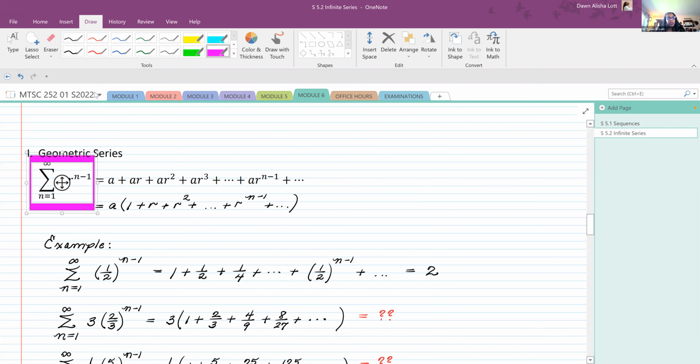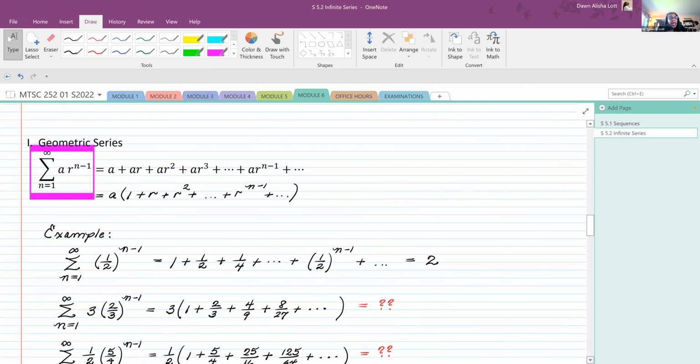Okay, so a geometric series is always of that form. a times r to the n minus 1.